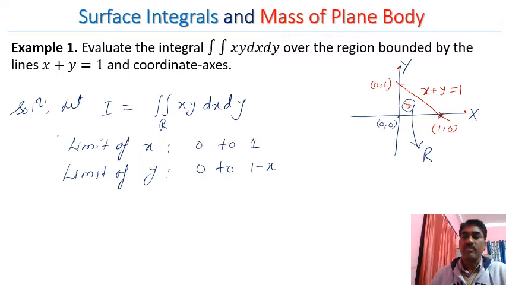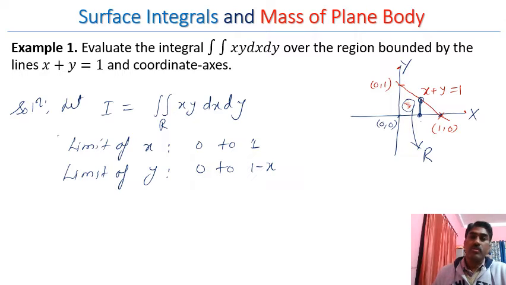And again, while defining the double integral, we learned that the value of y is taken from the lower and upper curve. So the lower curve of the region is the x-axis, where y is 0, and for each value of x, the upper curve is given by the line x plus y is equal to 1. So the value of y is 1 minus x at each point on this line.